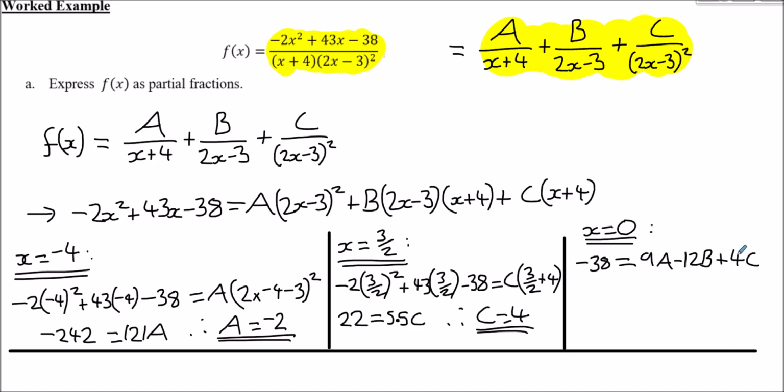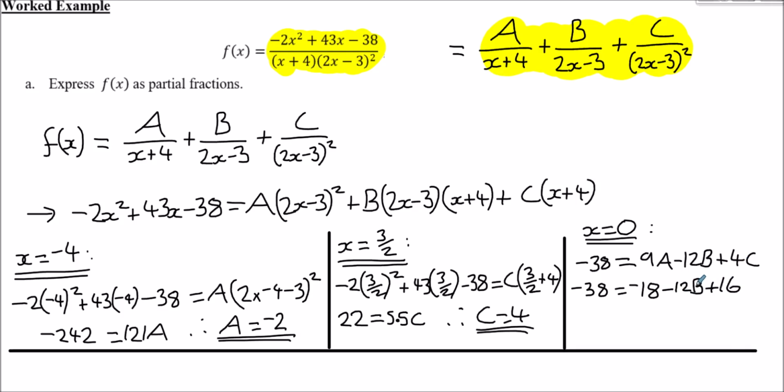But of course we know what A and C actually are, so let's input those. So minus 38. A is minus 2, so 9 times minus 2 is minus 18. Then we have minus 12B, which we just leave as it is, because you don't know what B is yet. And C was 4, so 4 lots of C is going to be 16.